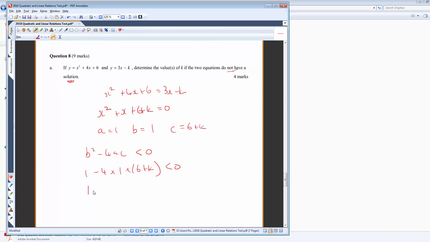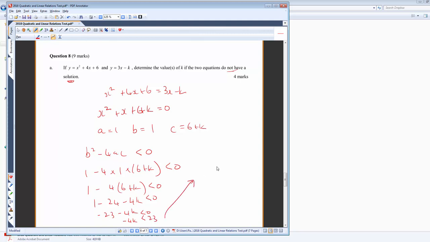Okay, now that's 1, take away 4(6 plus k), less than 0. 1 take away 24, take away 4k, less than 0. This will be negative 23, take 4k, less than 0. Now we're going to add 23 to both sides, so that is negative 4k, less than 23.